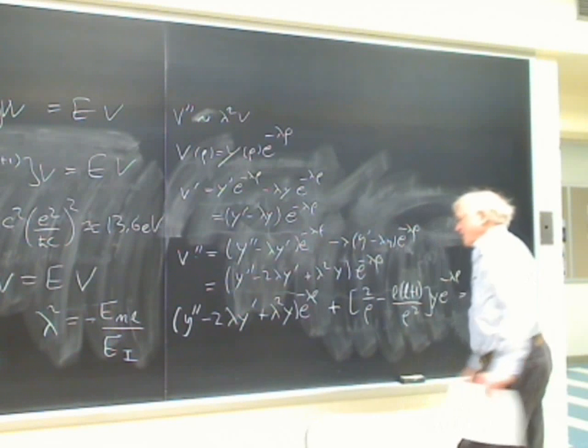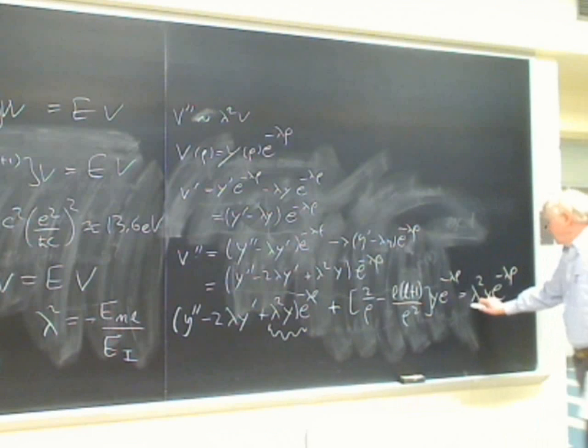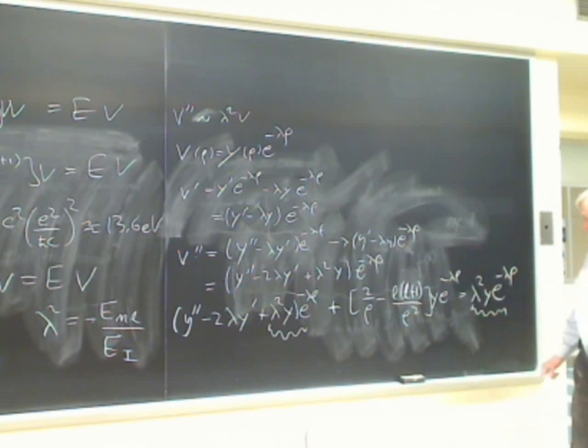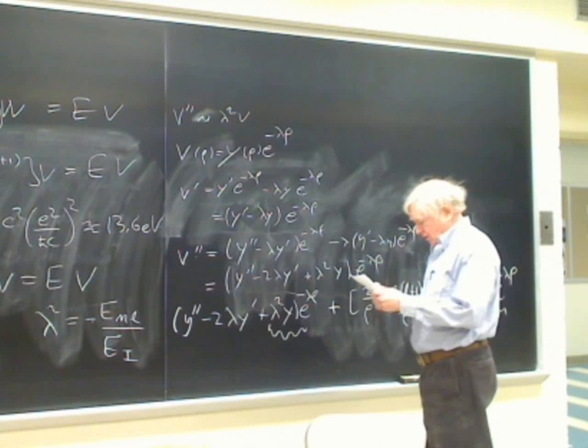So, as promised, this term cancels this term. And then after that, there's a common factor of e to the minus lambda rho.